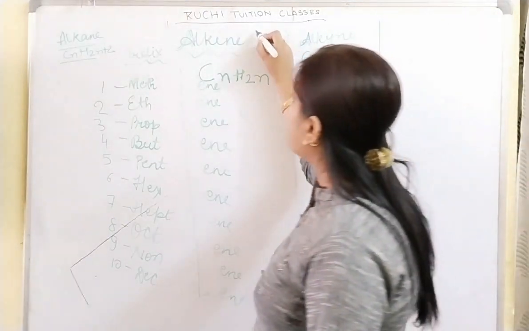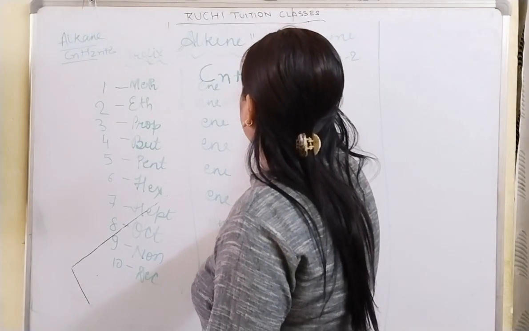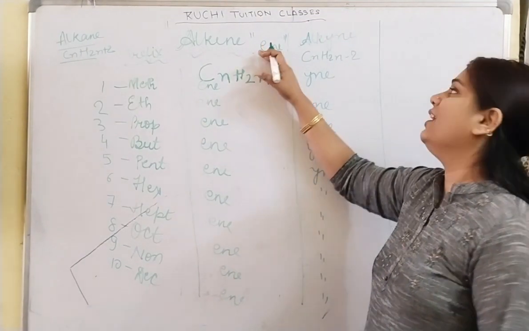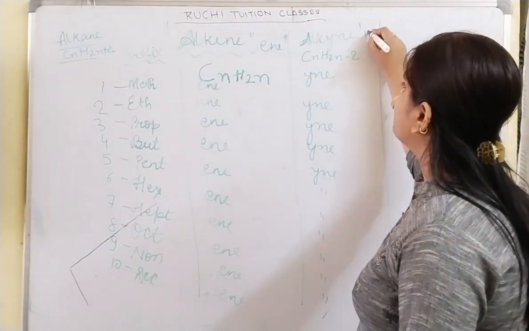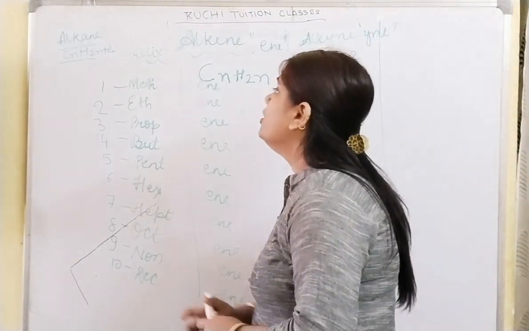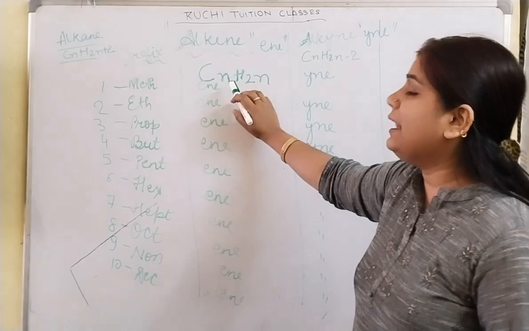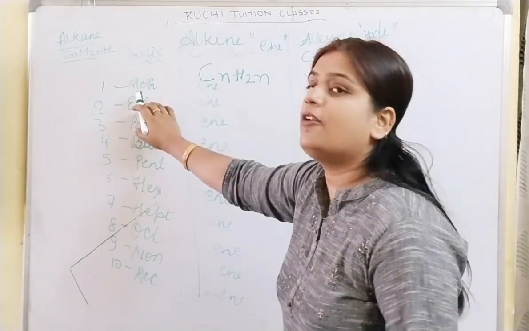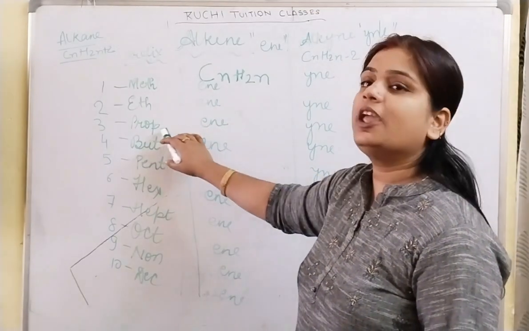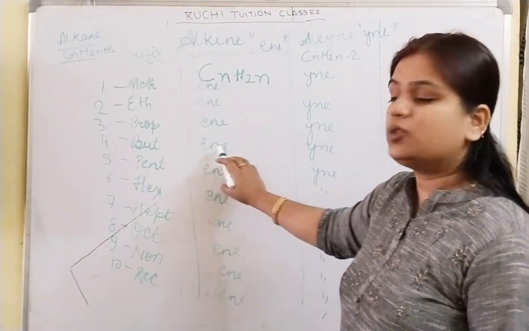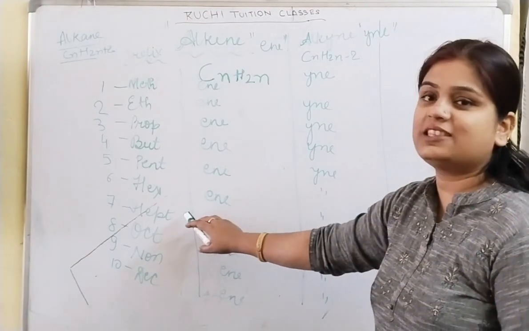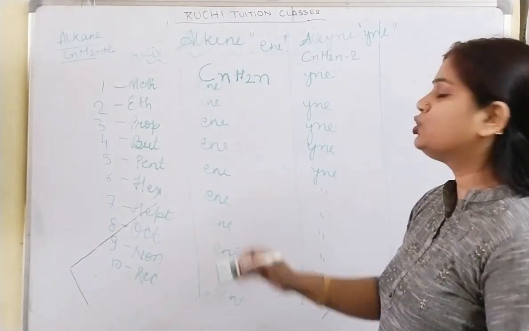But what will change? The suffix. For alkene the suffix will be "-ene", and for alkyne the suffix will be "-yne". So for alkene: for 1 meth-ene, 2 eth-ene, 3 prop-ene, 4 but-ene, 5 pent-ene, 6 hexene, 7 heptene and so on.